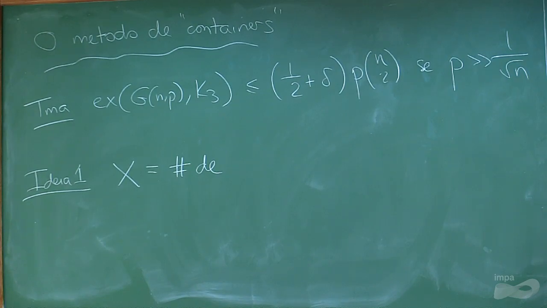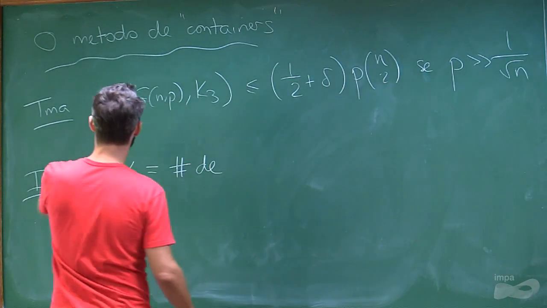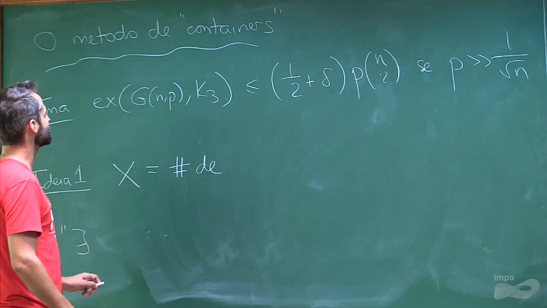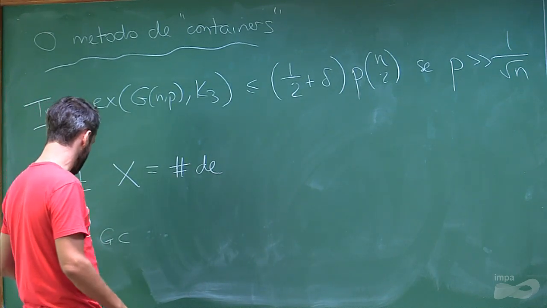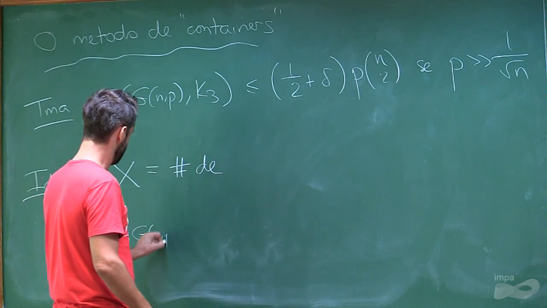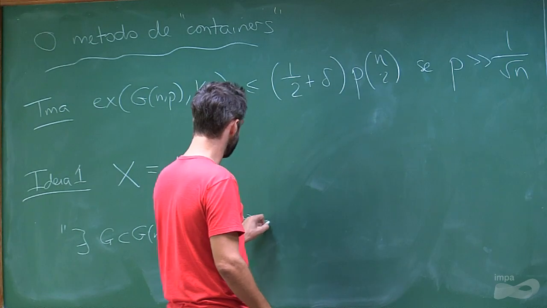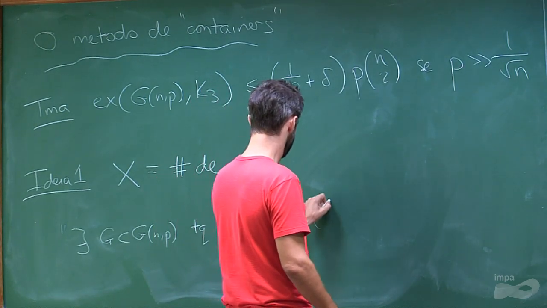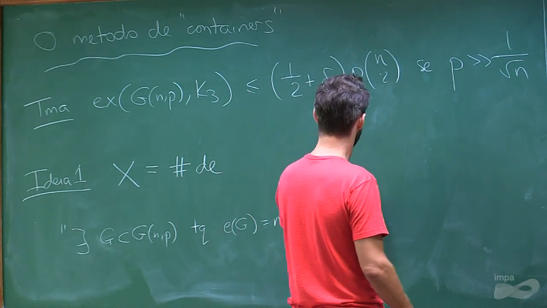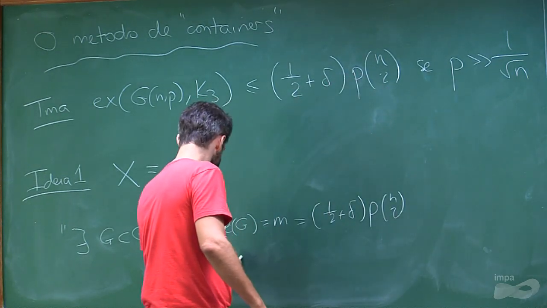So we want a random variable that encodes the answer to our question. And our question is, does there exist a subgraph of G(n,p) with this number of edges that's triangle-free? So the question is, does there exist or not a subgraph G of G(n,p) such that the number of edges of G is m, which is this thing, (1/2 + δ) p times n choose 2, and there's no triangle in G.